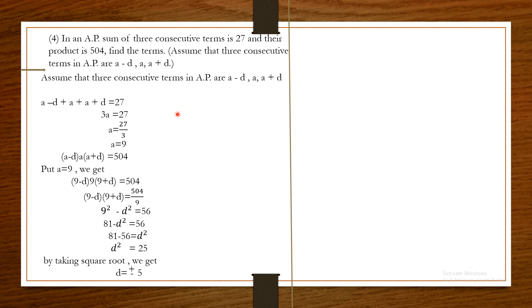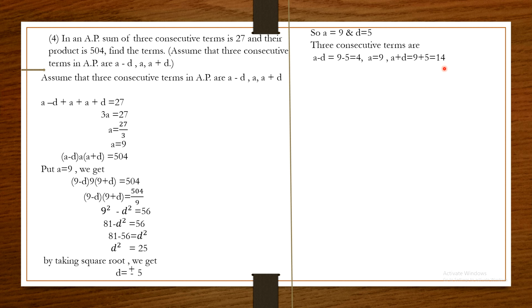Okay. Now we have to find these terms. We have to take D first as plus 5, then minus 5. So let's take A equal to 9, D equal to 5. So these three terms can be written as A minus D, which is 9 minus 5, 4, then 9, and A plus D, which is 14. So 4, 9 and 14.